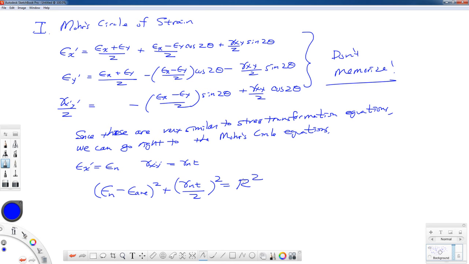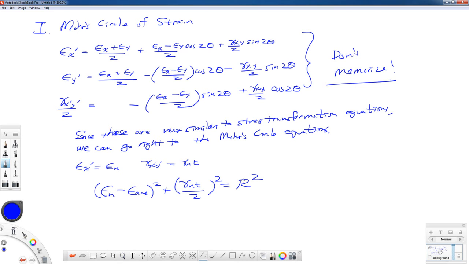We do this by squaring and adding the epsilon x prime and the gamma x prime y prime equations. Again, go back and review the Mohr's circle for stress lecture to get into all the details.